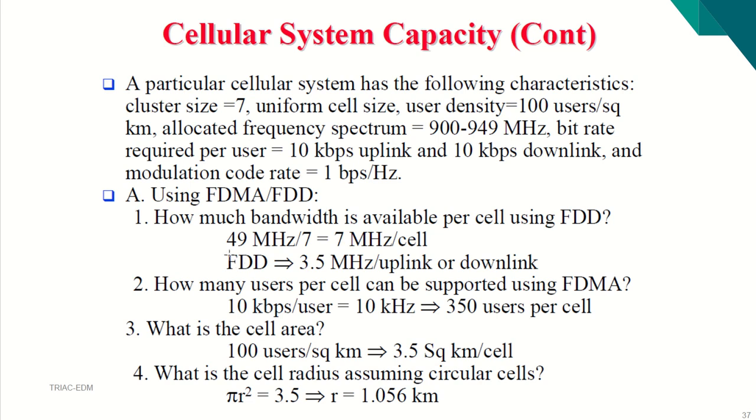For FDD, frequency division duplex, each direction for uplink and downlink is given half and half of the bandwidth. As a result, the 7 has to be divided by 2, because one part is for uplink, one part for downlink. So 3.5 for one direction, which is uplink or downlink.